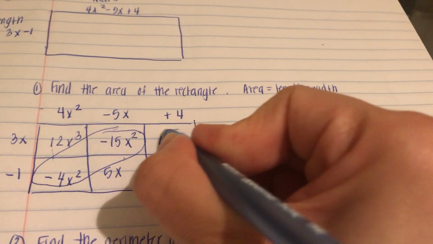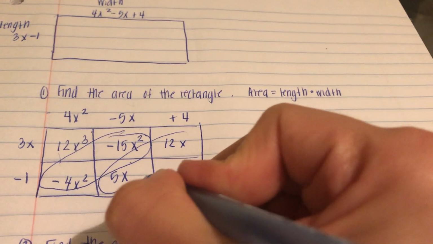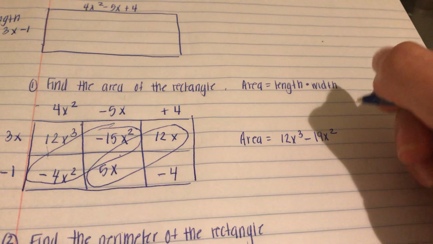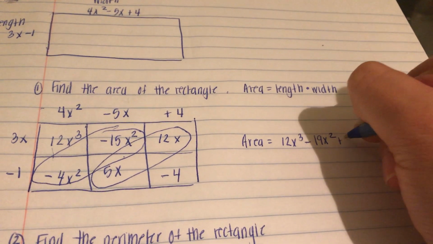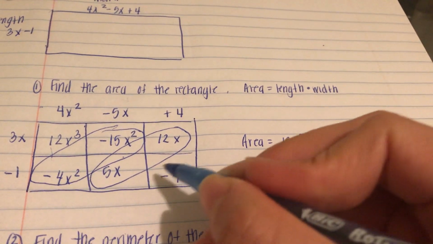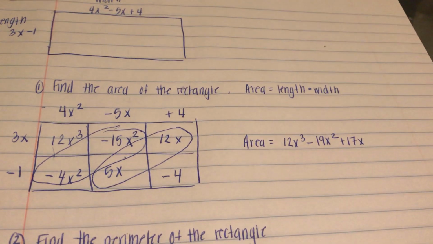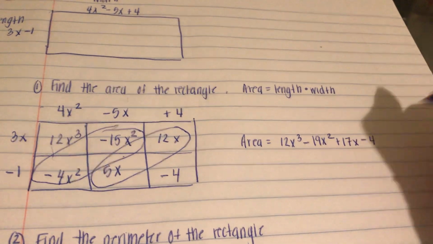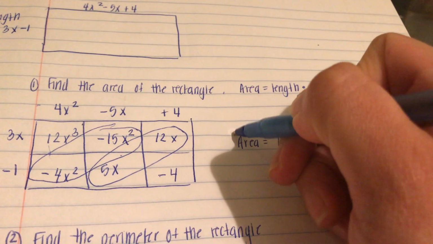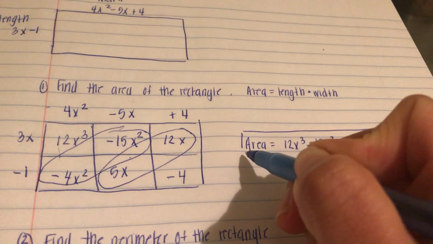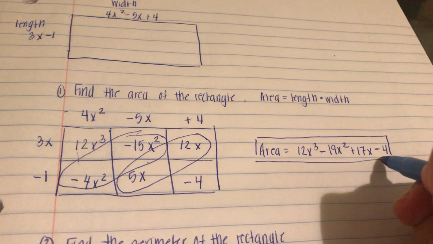Then I'm going to combine my linear terms, the ones that have an x to the power of 1. 5x plus 12x is positive 17x. And then I'm going to list out my constant. I don't have anything to combine it with, so I'm going to put minus 4 in there. So that is the area of my rectangle as a polynomial in terms of x.